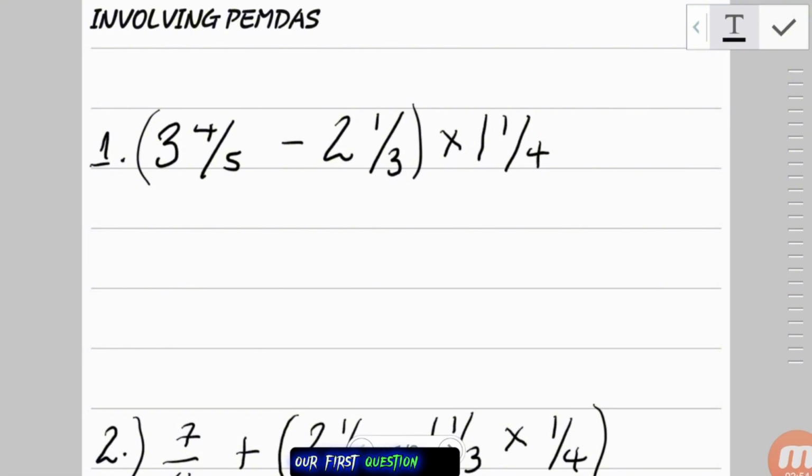So our first question here is in fact 3 4/5 take away 2 1/3, which is in a bracket, multiplied by 1 1/4. The very first thing that we need to do here is work what is in the parenthesis first.